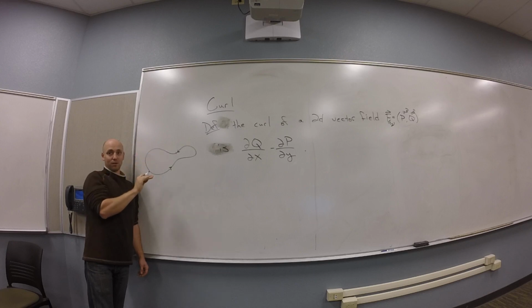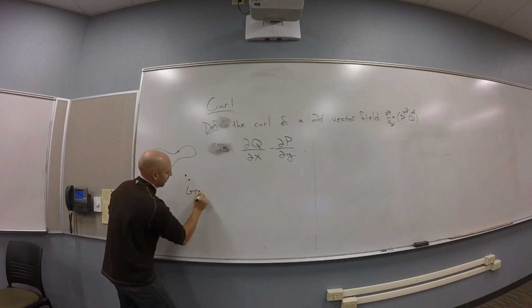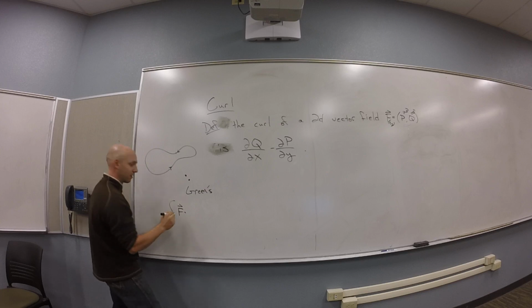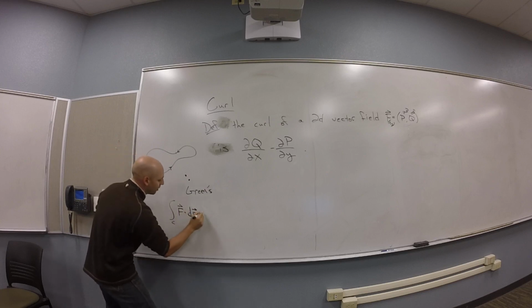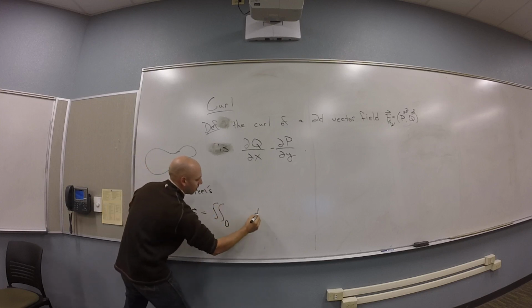So when I think of Green's, I have this vector line integral, I have F dot dr that I'm integrating, and I get some kind of area integral.